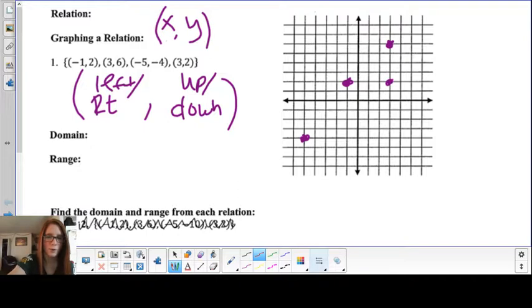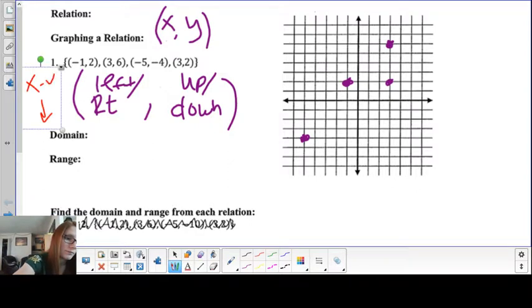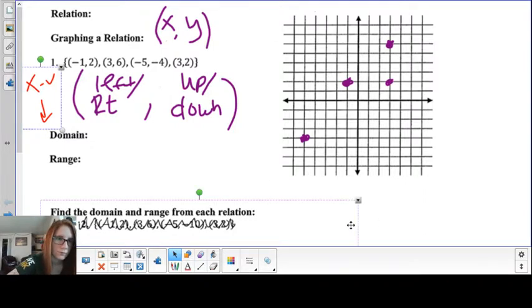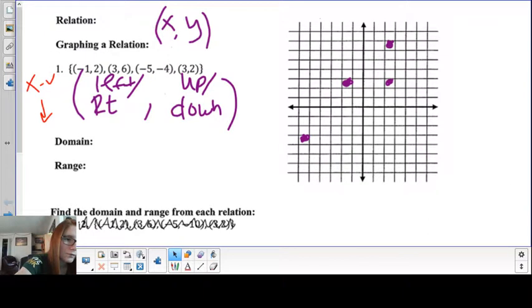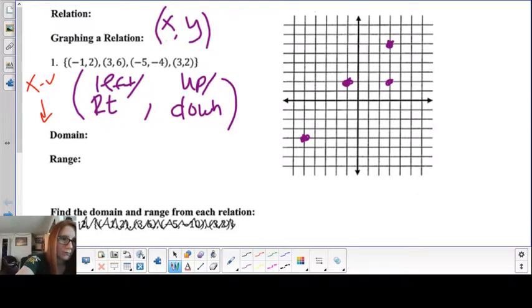All right, next we're asked to list the domain. The domain is x values. So looking at my list, I'm going to, in mathematical order, meaning from smallest to biggest, list any x values that I see.